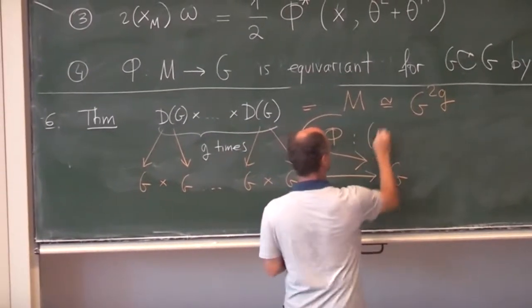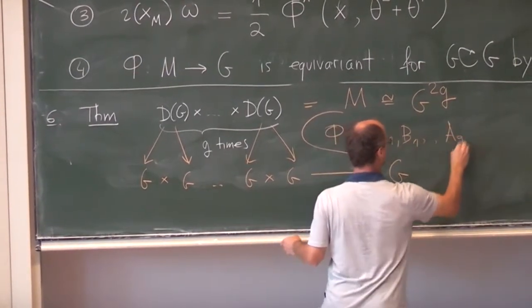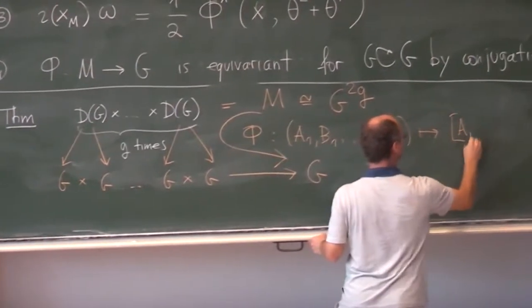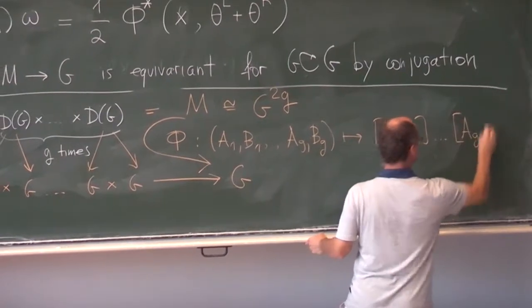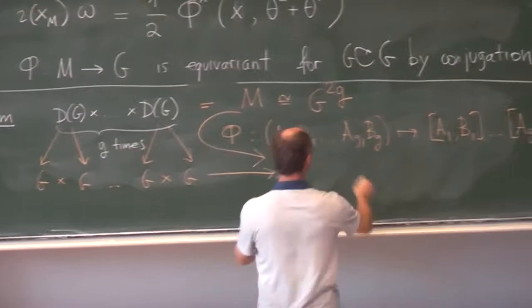the map phi. Now, this is a map as we wanted from the very beginning. (a_1, b_1, ..., a_g, b_g) maps to the product of commutators. And of course, there is a 2-form which comes from those constructions.